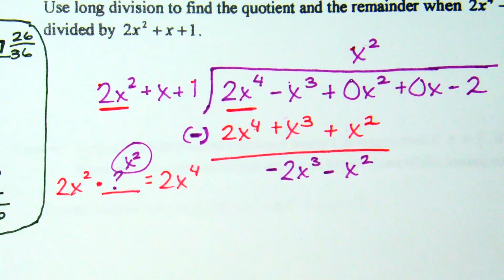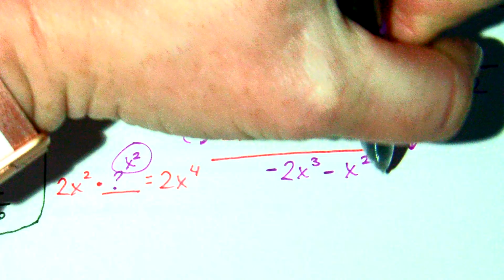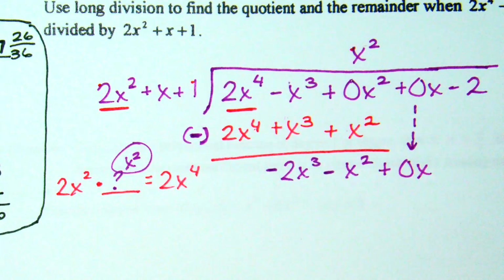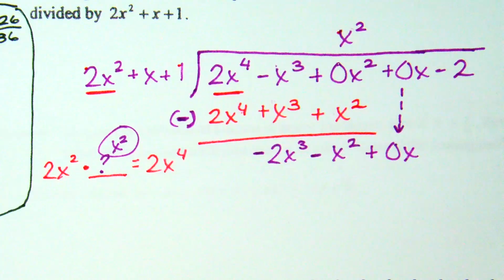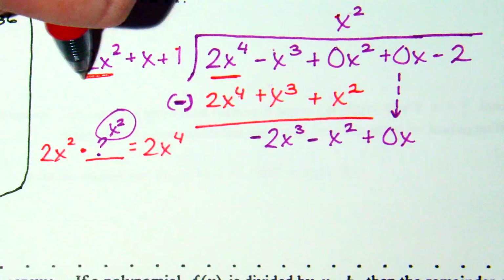Okay. Now what? Okay, drop the next term. Only one term at a time, though. So we're going to bring down the 0x. Repeat the process. This time, it's how many times does 2x squared go into what?